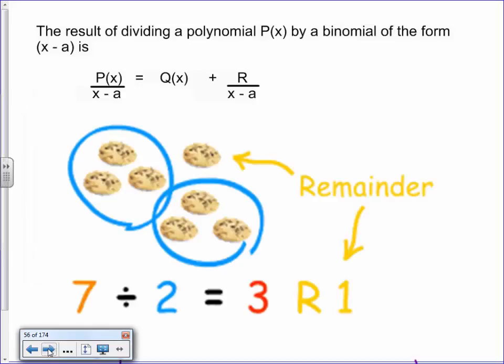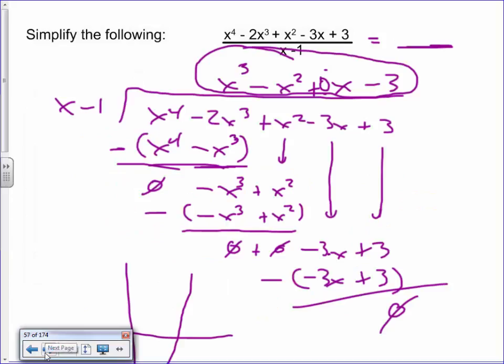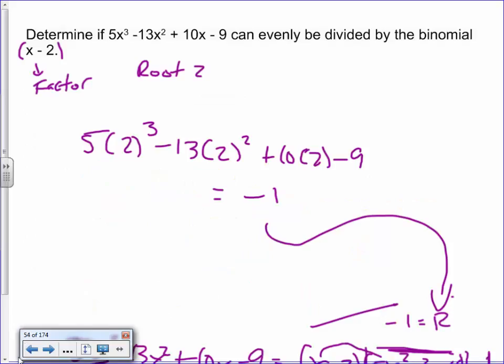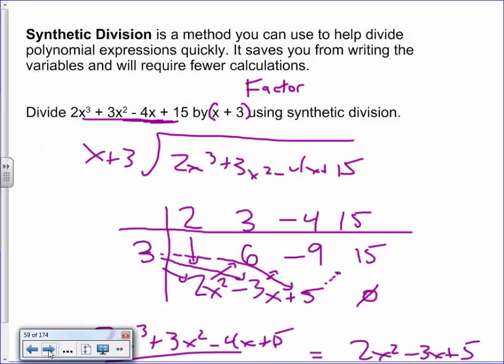Which one was it? This one right here. I've got 5x and 3, 13x squared minus 9. I keep redoing it. Oh, you're doing this one right here.